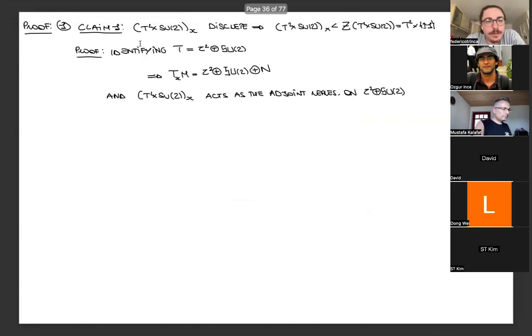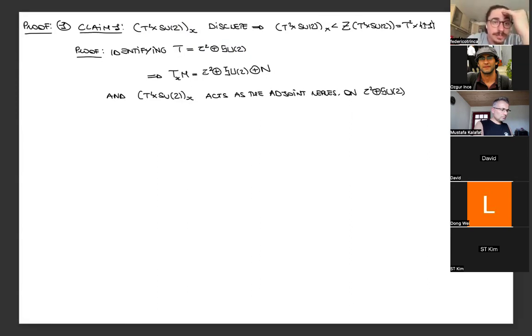And the way to prove it is the following. So we identify the tangent space as the Lie algebra. So this is just obvious because the tangent space of the orbit is given by, so the subgroup is discrete, so the orbit is 5-dimensional and is generated by the Lie algebra.